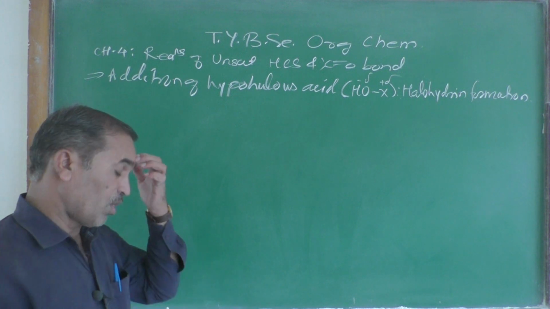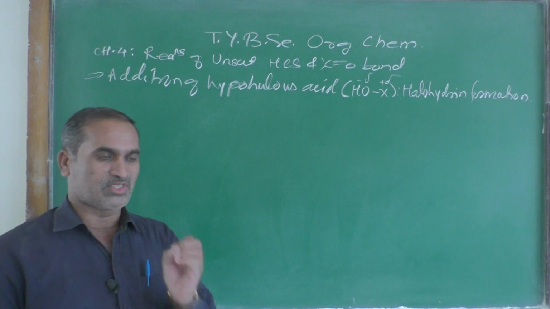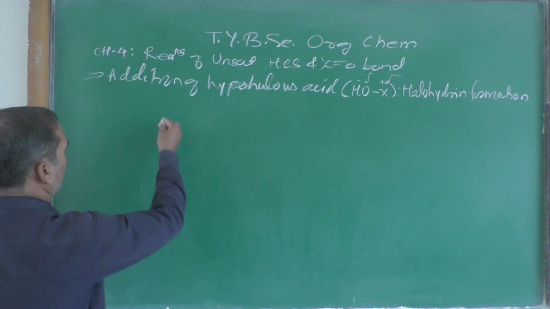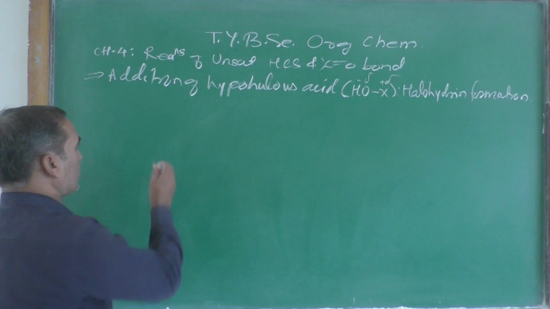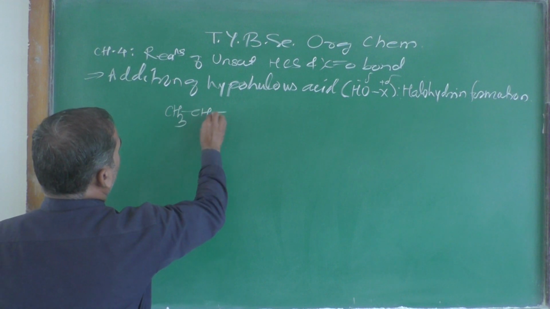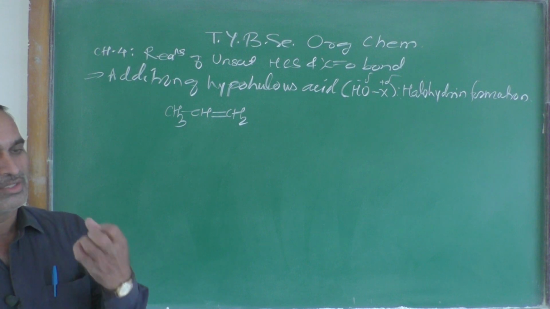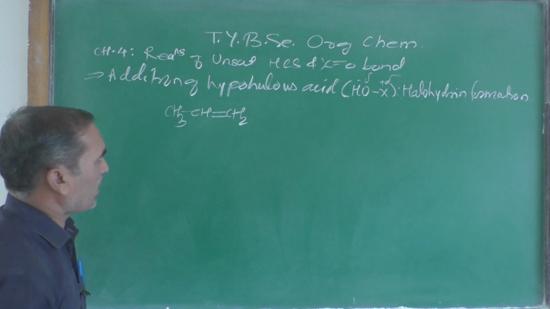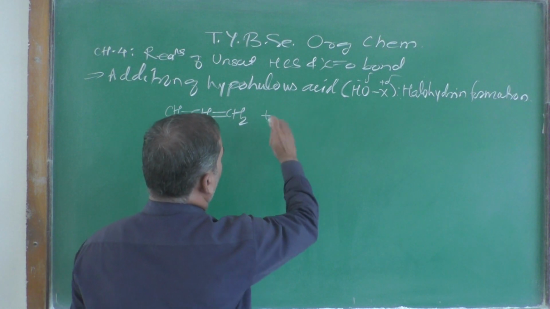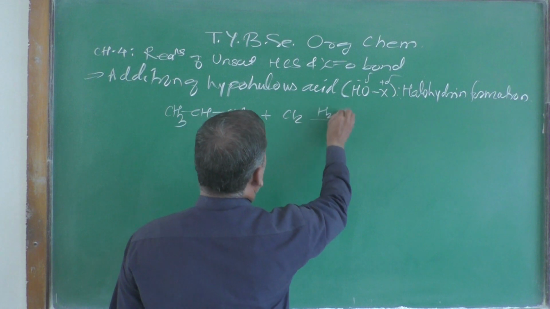Let us see one of the simplest examples, and we generally consider one example which is unsymmetrical in nature, that is CH3 CH double bond CH2. That is propylene. It is treated with Cl2 in presence of water, H2O.